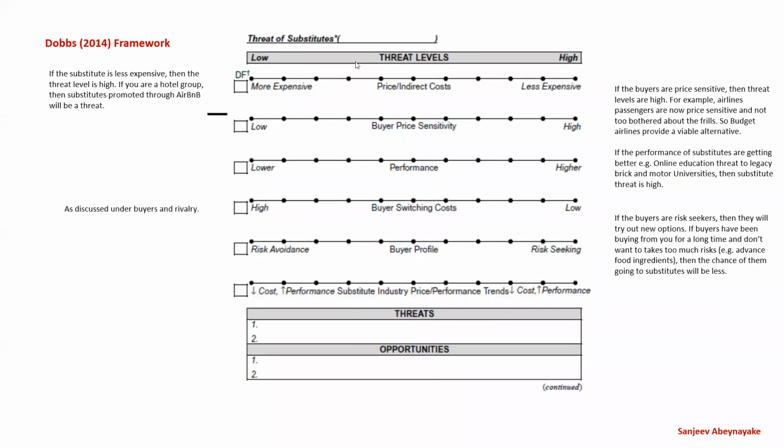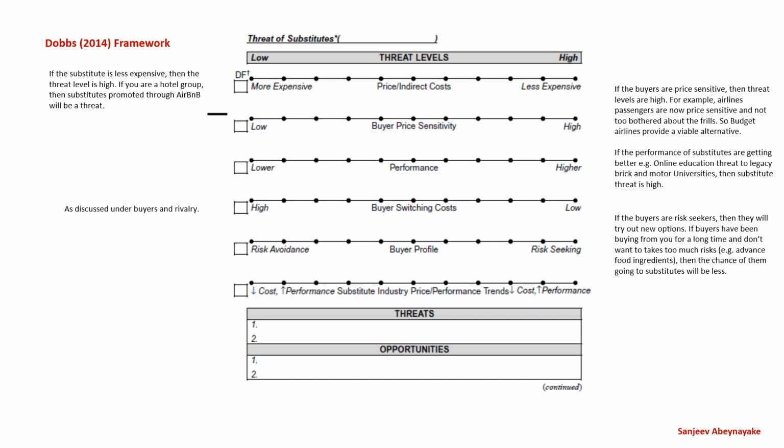And then the other one is the threat of substitution. What we mean by threat of substitution here is whether your industry can be substituted by something else, someone else. The first one is the price of indirect substitutes. If substitution is easier and much less costly, then somebody else will substitute your industry.